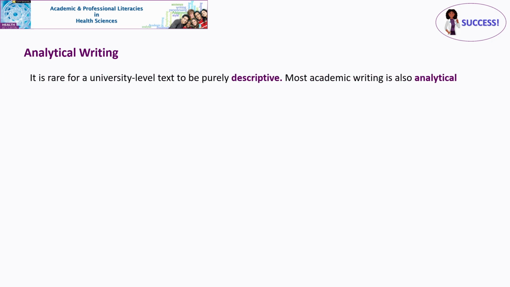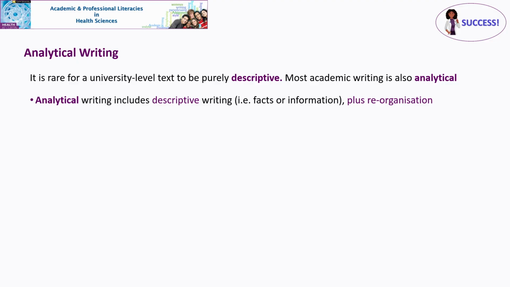We now move on to analytical writing. It is very rare when you are writing at your level, university level, for your assignment to be purely descriptive. It will always have a descriptive element, but will require an analytical approach as well, invariably.